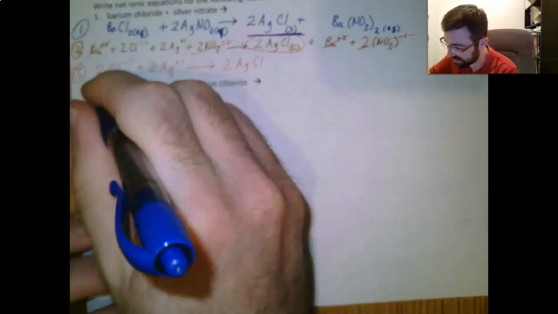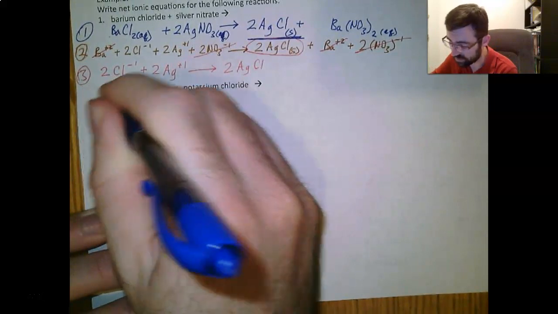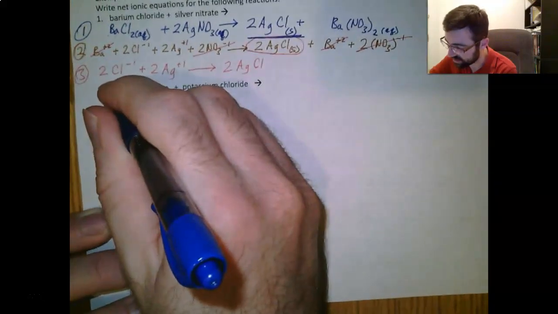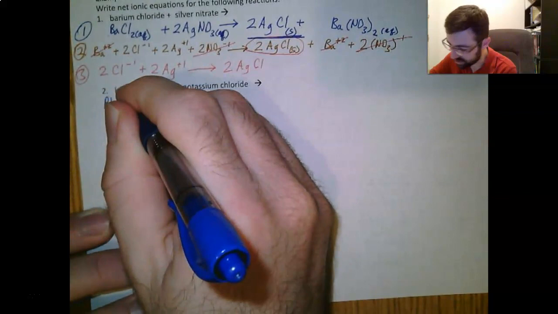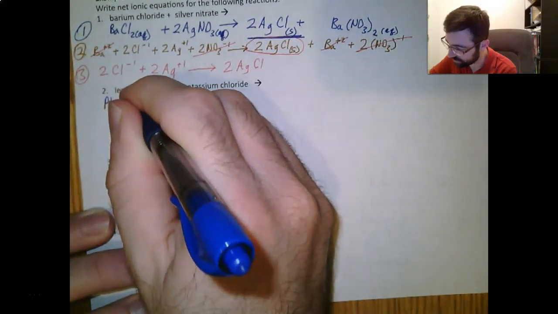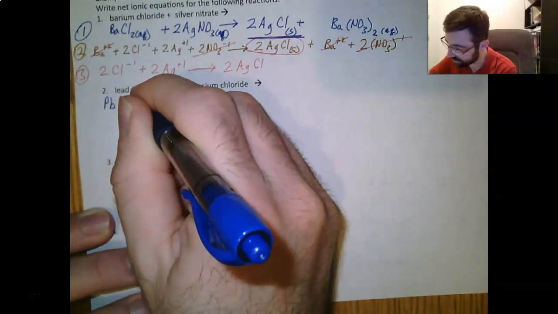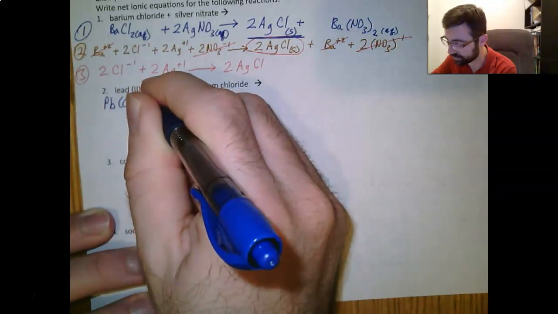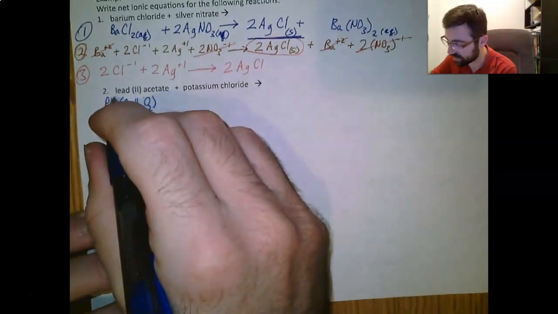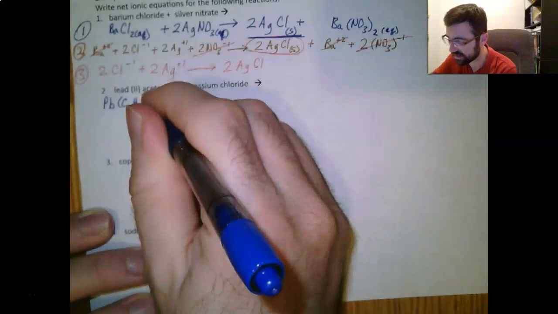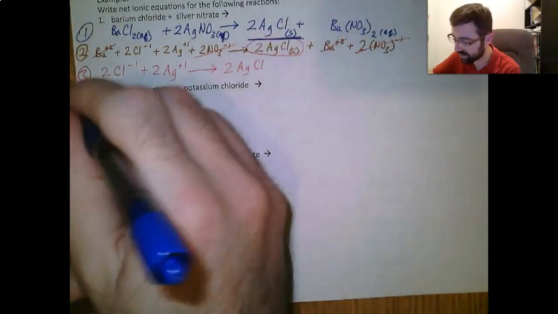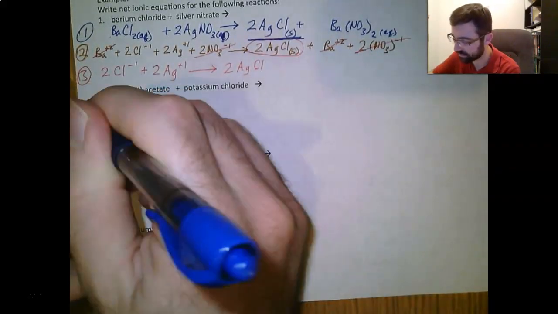So I have Pb with a positive 2 charge. Acetate is C2H3O2 with a negative 1 charge. Positive 2, negative 1. Okay, that's a subscript of 2. Hopefully that makes sense to you guys.